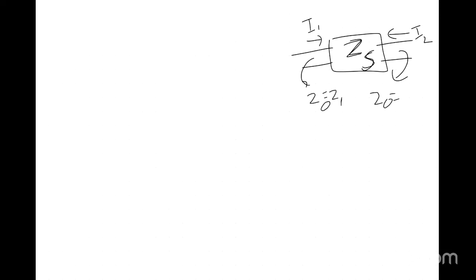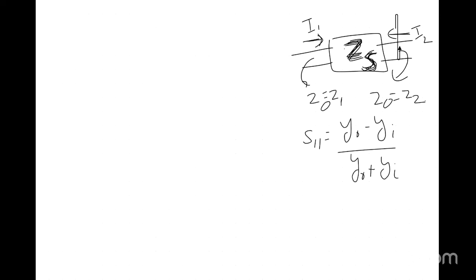So what is Z here? Z is impedance, and the shunt element is s. The current entering is I1, and the current flowing this way is also treated as I. Here I am calculating the coefficients using the Y parameters which we discussed previously. S11 equals (Y0 minus Yi) by (Y0 plus Yi).